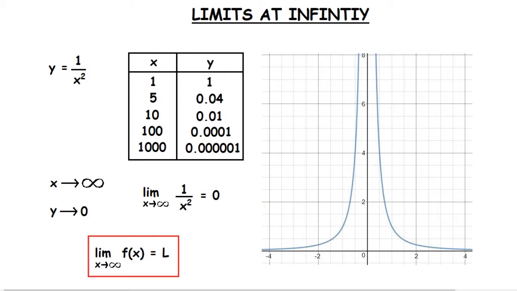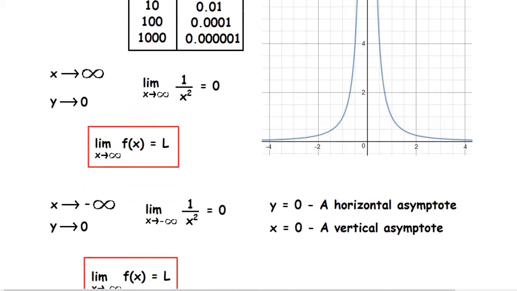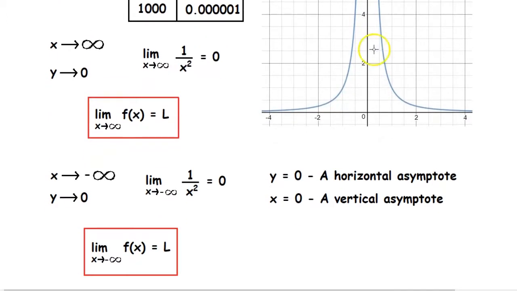In the above graph, we can also notice that when x approaches larger negative values, y approaches 0. So as x tends to negative infinity, y tends to 0. We can show this with our limit notation as limit of 1 over x squared as x tends to negative infinity is equal to 0.